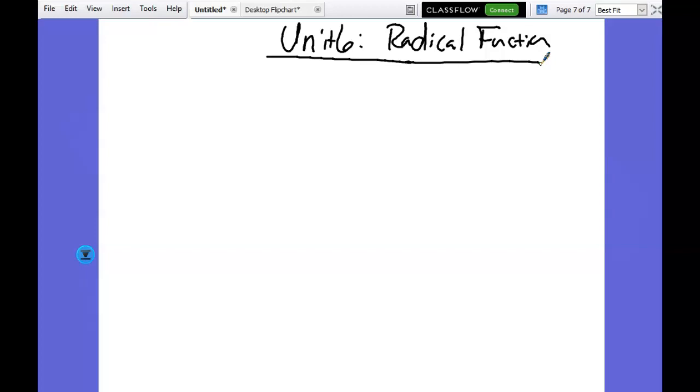So this whole chapter is about radical functions, equations that have square roots in them or cube roots or something like that, okay? Today's lesson was lesson 1, and it's going to be all about nth roots is what we'll call it.